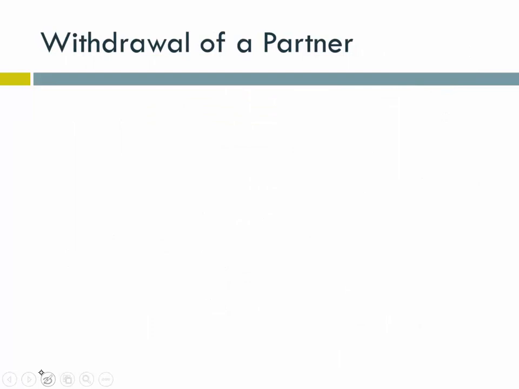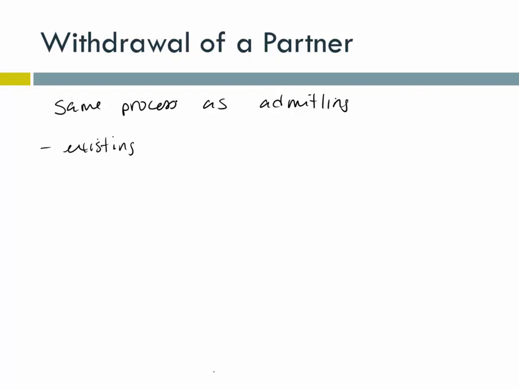If a partner is withdrawing from a business, it's really the same process as admitting a new partner, just the mirror image of it. One of the existing partners can buy out the departing partner.